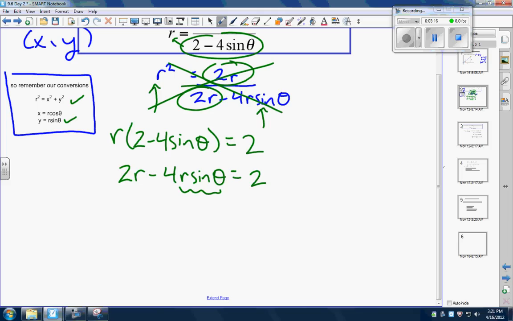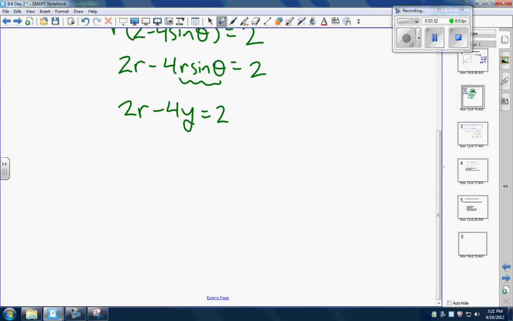An r sine is the same thing as a y. Okay. The trick now is to get these r's by itself. So I'm going to swing this 4y to the other side.